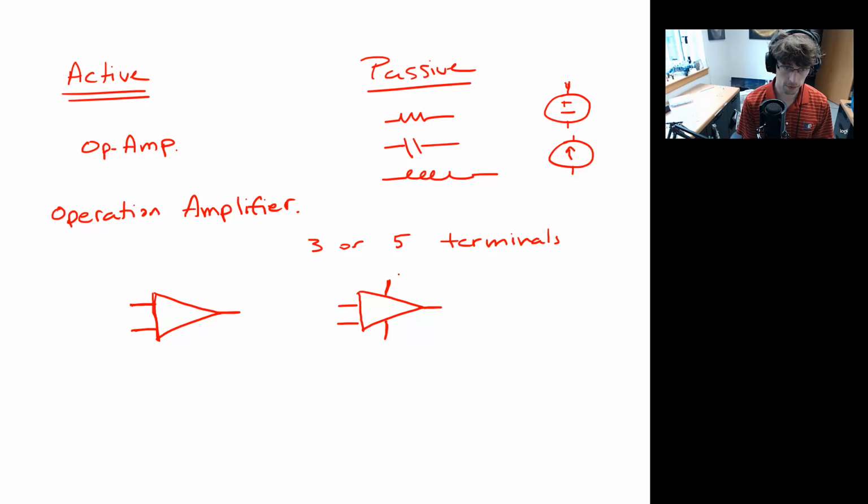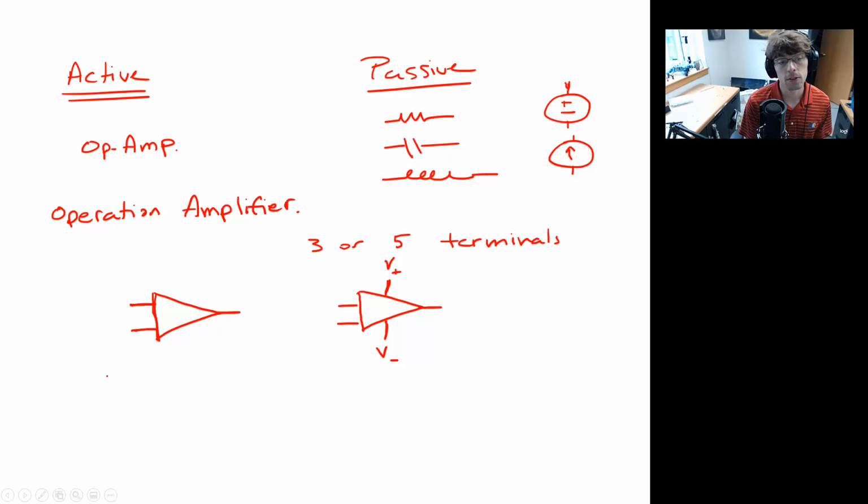So usually if you see these vertical lines, this is something like your power supply, your positive and negative supplies that are powering the op amp. They're missing on this left-hand figure simply for additional clarity. So if you ever see a 3-terminal op amp, bear in mind that there are 2 more places that plug in. It's just that they haven't been shown.